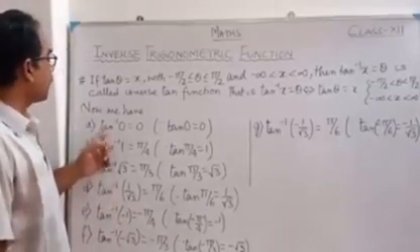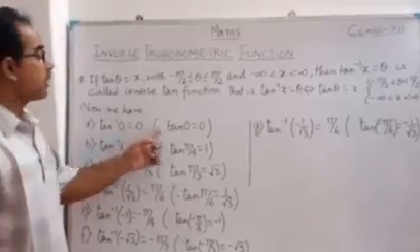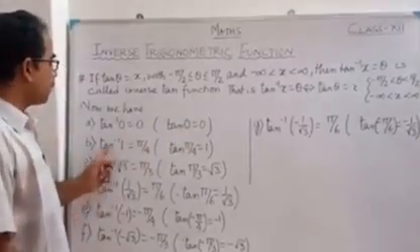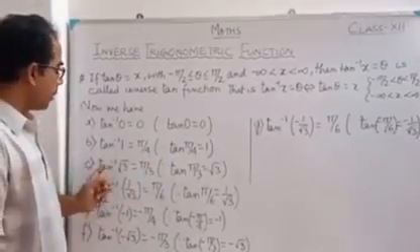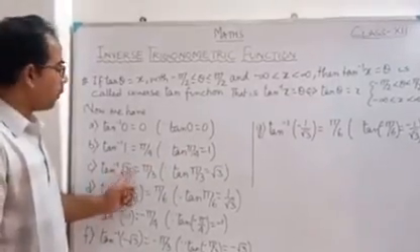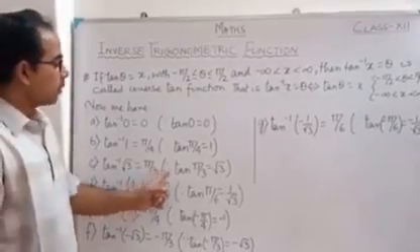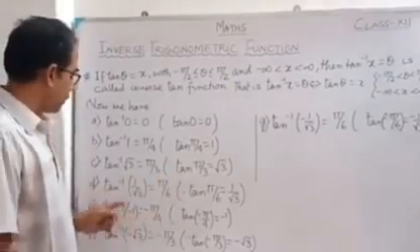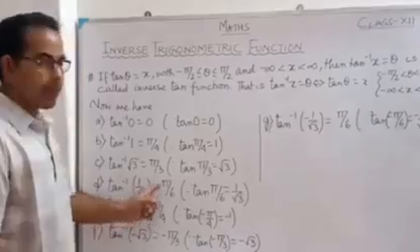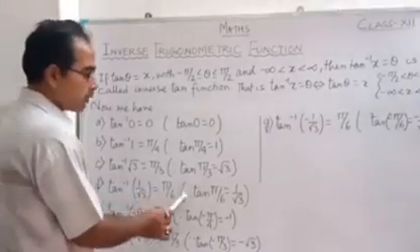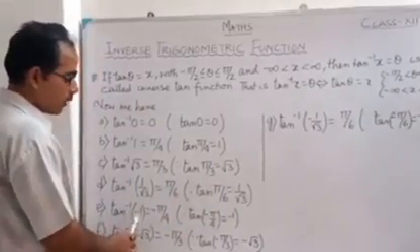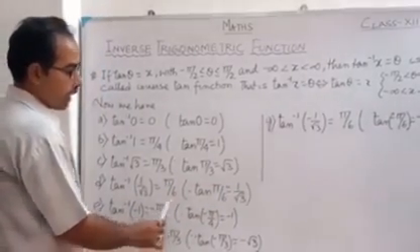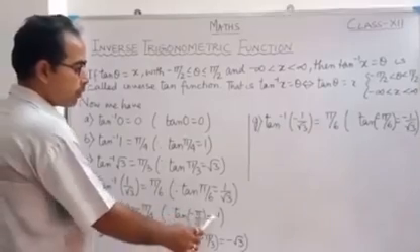Look here, tan inverse 0 equals 0 because tan 0 equals 0. Tan inverse 1 equals pi by 4 because tan pi by 4 equals 1. In a similar way, tan inverse root 3 equals pi by 3 because tan pi by 3 equals root 3. Tan inverse 1 by root 3 equals pi by 6 since tan pi by 6 equals 1 by root 3. Tan inverse minus 1 equals minus pi by 4 as tan of minus pi by 4 equals minus 1.